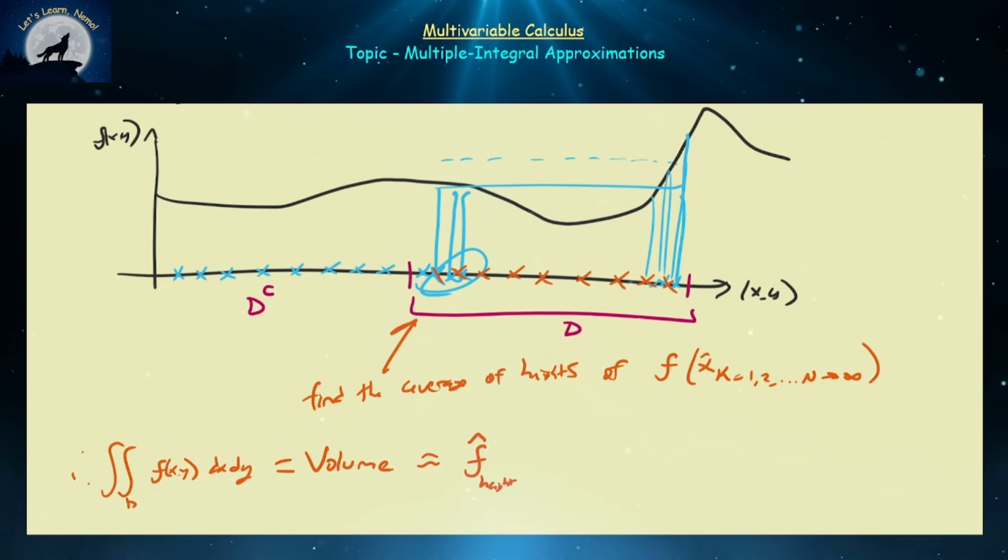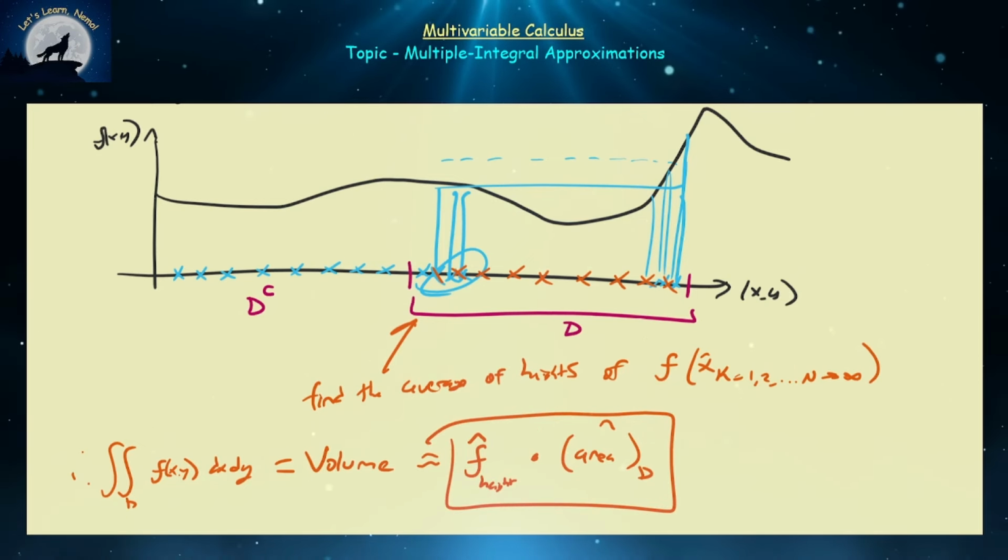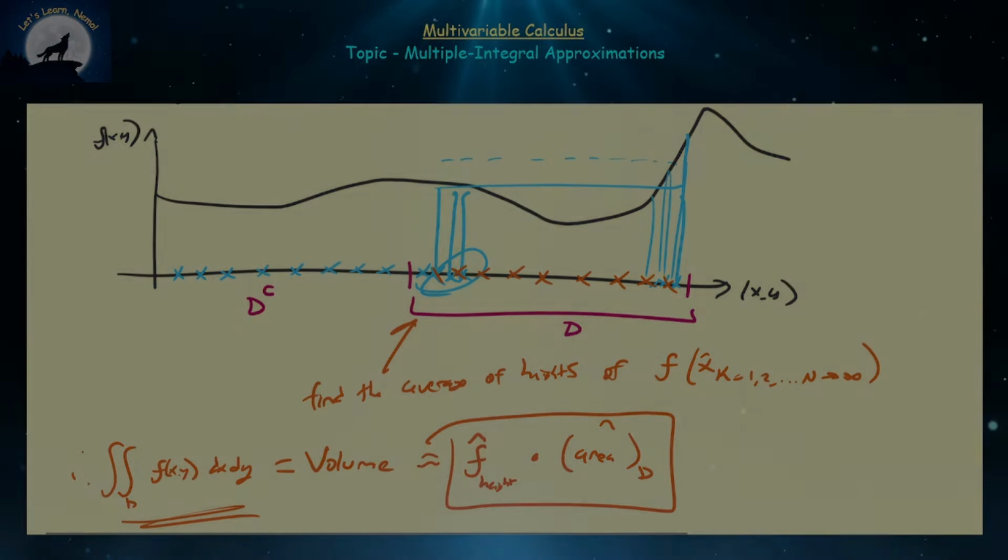That's going to be multiplied by our area approximation, which we pretty much mimicked from how we approximate the area of pi. So that gives us an approximation of our double integral, and the process pretty much stays the same for higher dimensions. So let's go to RStudio and see if we can implement the approximation of pi via Monte Carlo simulations and also how to approximate integrals via Monte Carlo integration as well.